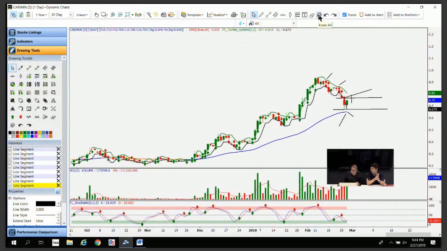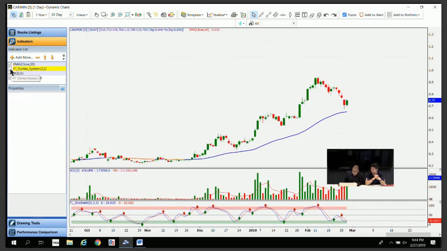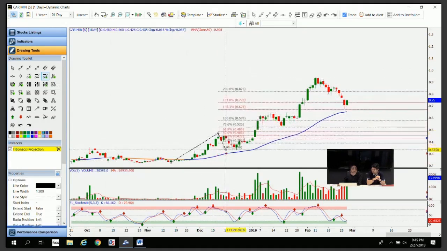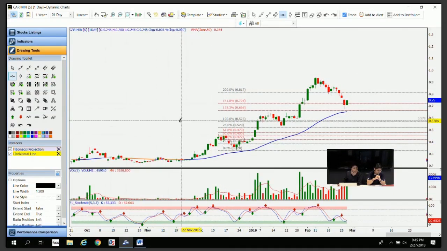Let's go to drawing tools, then we have Fibonacci. Let's say over here, this is the low, this is the high. We pull back, and that's the low. Targeting, if we go 1 into 1, that's it.